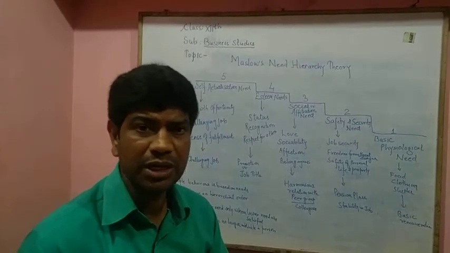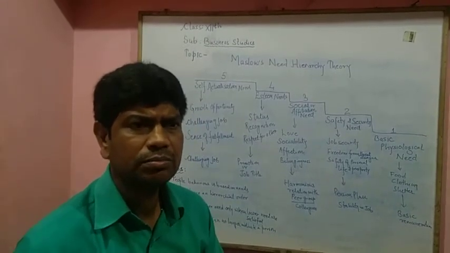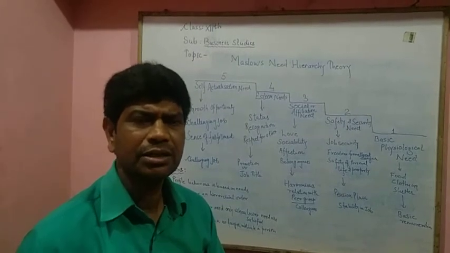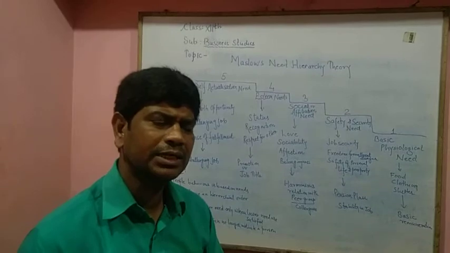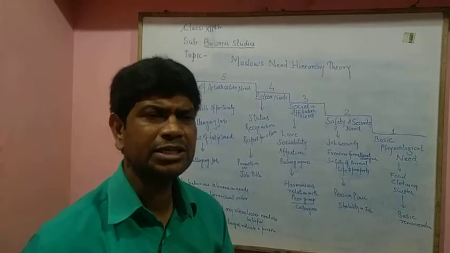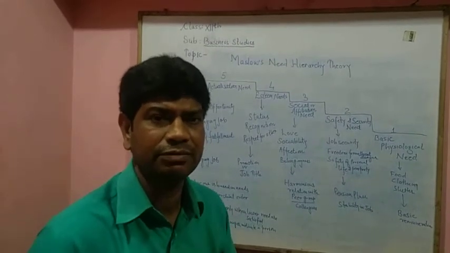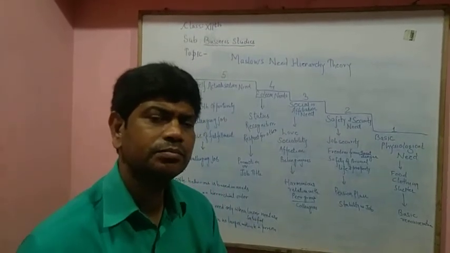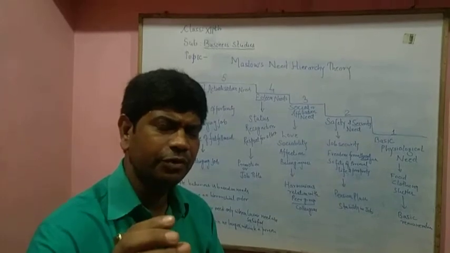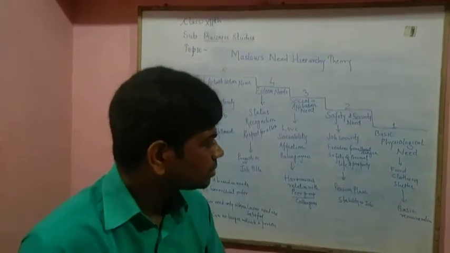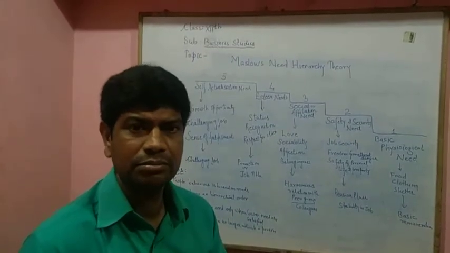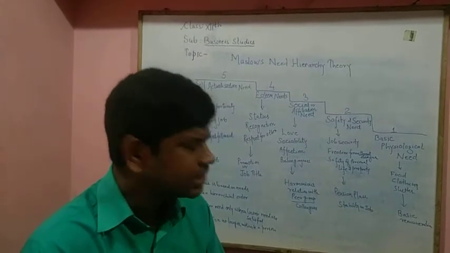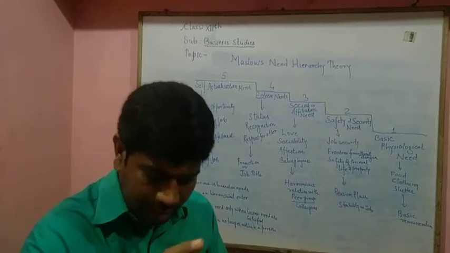An individual who works, initially, feels that first of all there is a basic requirement of sustaining oneself. How one can thrive, how one can live. So the basic need is related to food, clothing, and shelter. That is, finding food, having clothing, and shelter.